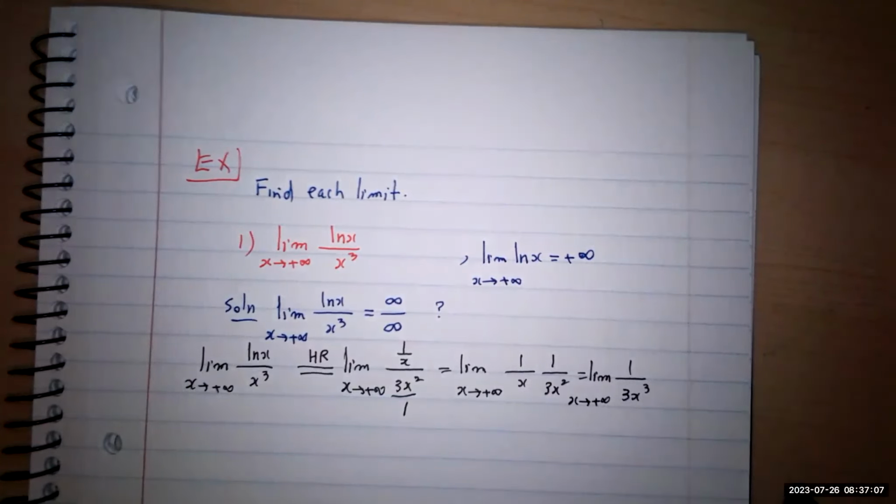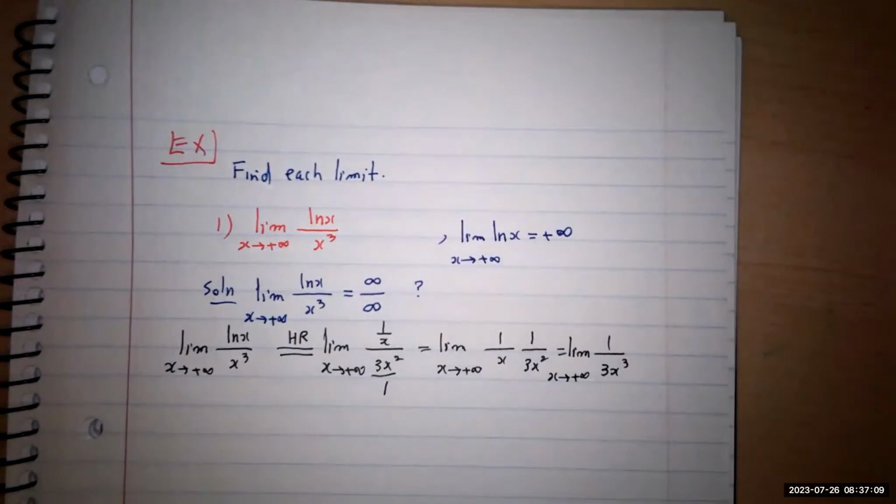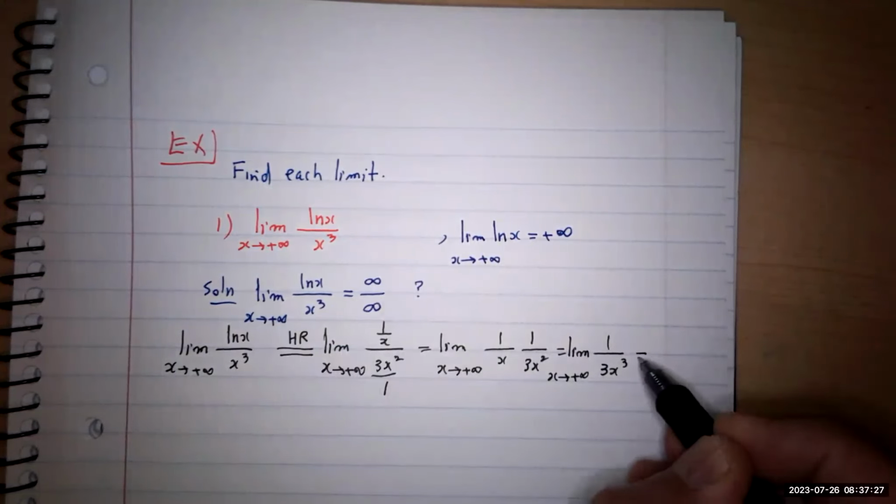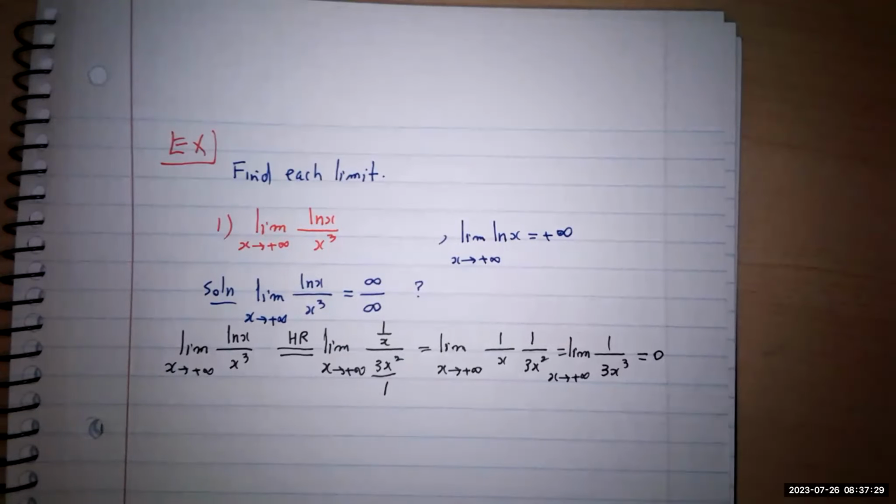Remember, that was the pizza problem that we did before. The top is a pizza, a fixed number. The bottom, when x goes to infinity, would be infinity. So you have a pizza, you want to divide it by infinity. You want to divide it into infinitely many parts. So your parts are going to be nothing. So this limit is always equal to 0. Okay, the answer to this type of problem is always 0.